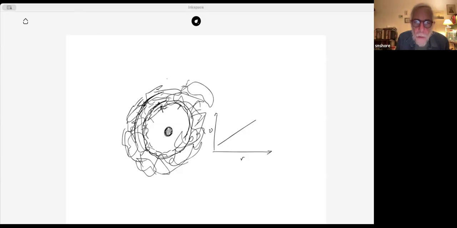I'm not sure I can do an easy screen switch here, but I can try. Well, it's going to have to be the hard way.